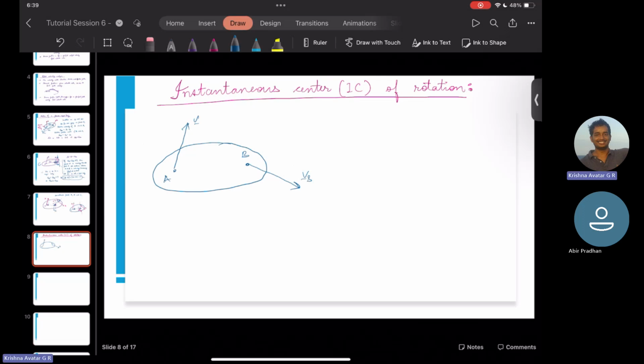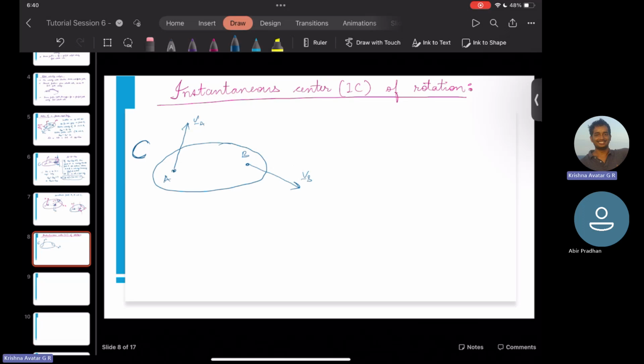And we need to find some point at which there is no velocity, it may be inside or outside the body, capital C here, which would not have any velocity, so to speak. Or it would seem that the body is rotating about that particular point, and it could lie within or outside the body. Fine. So how do we proceed to get that?